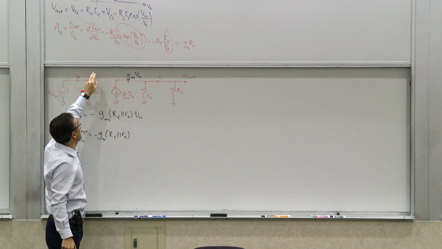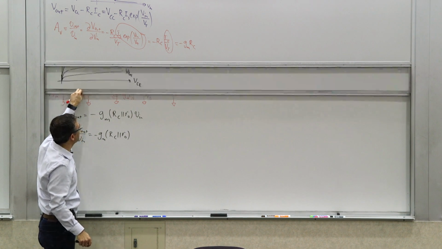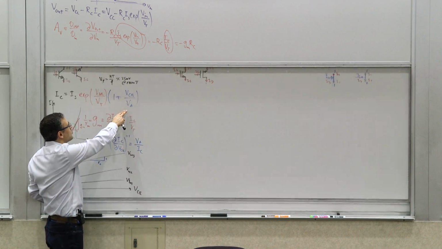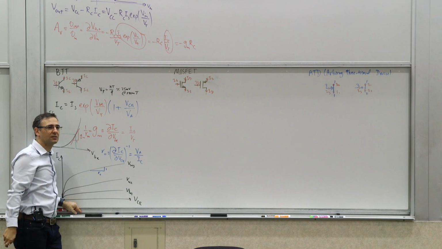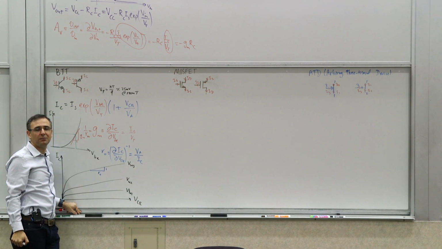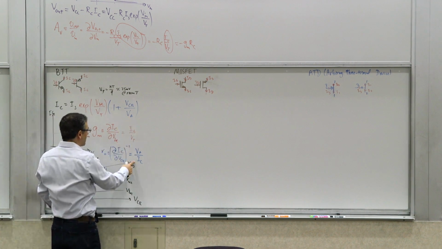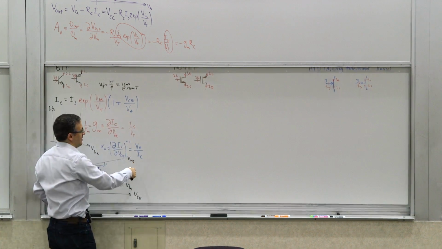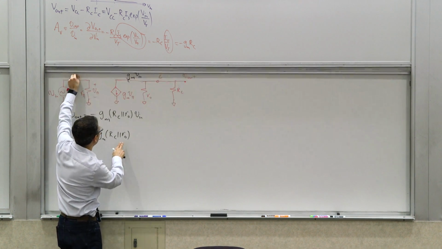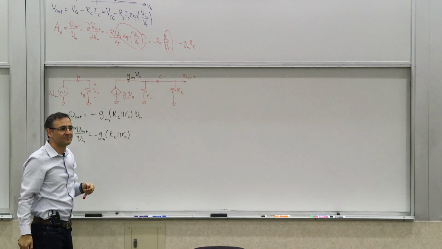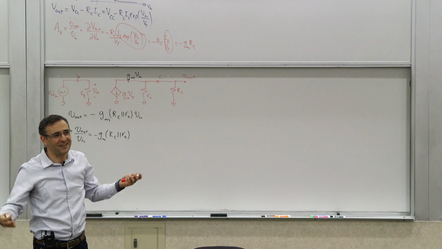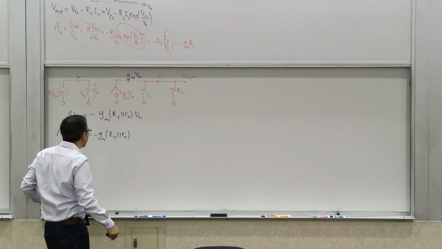And it makes sense because really what you're assuming here is that if you want, what do I need to do to VA to make this blue term disappear? What should VA be for it not to matter? Infinity, right? So if VA is infinity, what is RO? Infinity. If RO is infinity, what is the parallel combination of infinity with finite? Finite, the same finite, right?